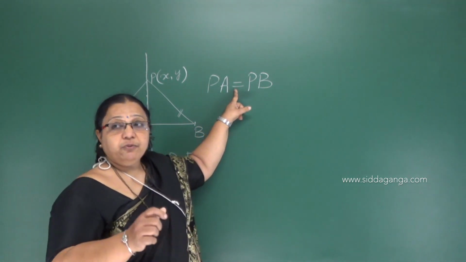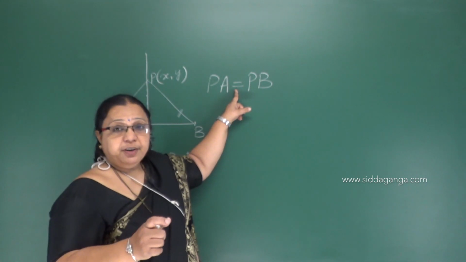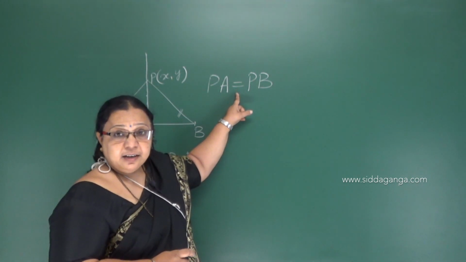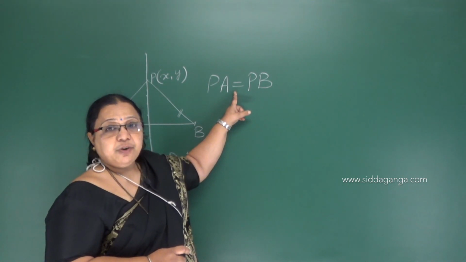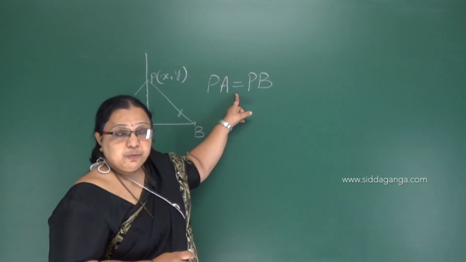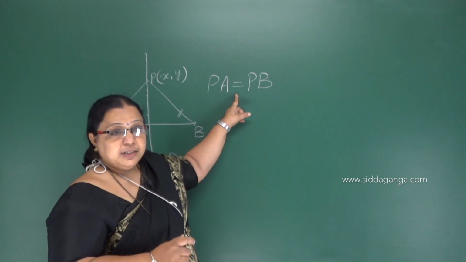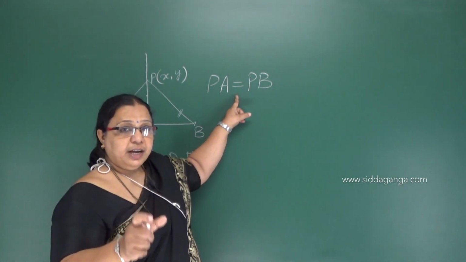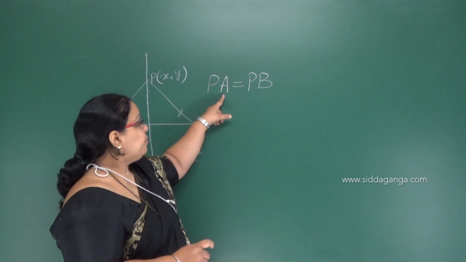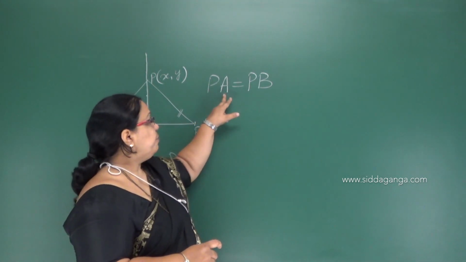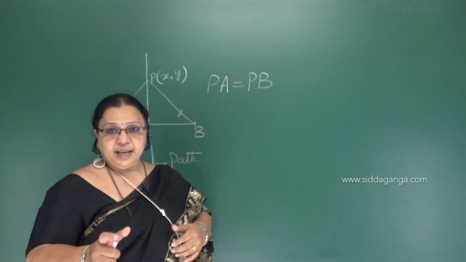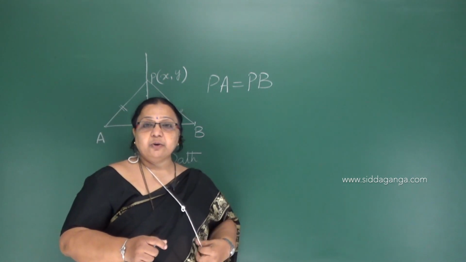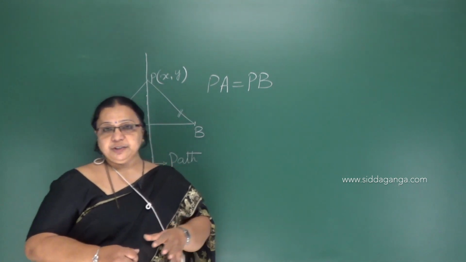So in terms of locus, the definition of a straight line is nothing but the locus of a point which moves in the plane under the geometrical condition that its distance from the two fixed points are same. So that is the definition of the locus of a point.